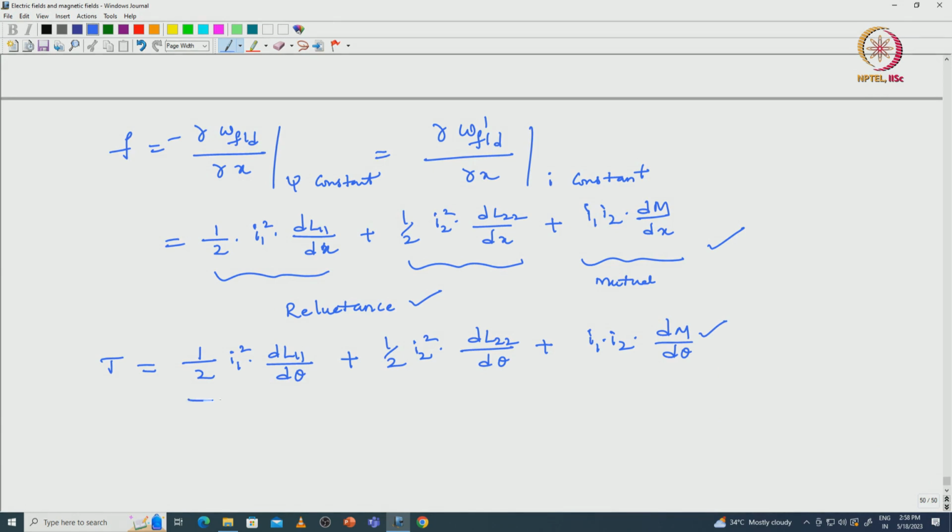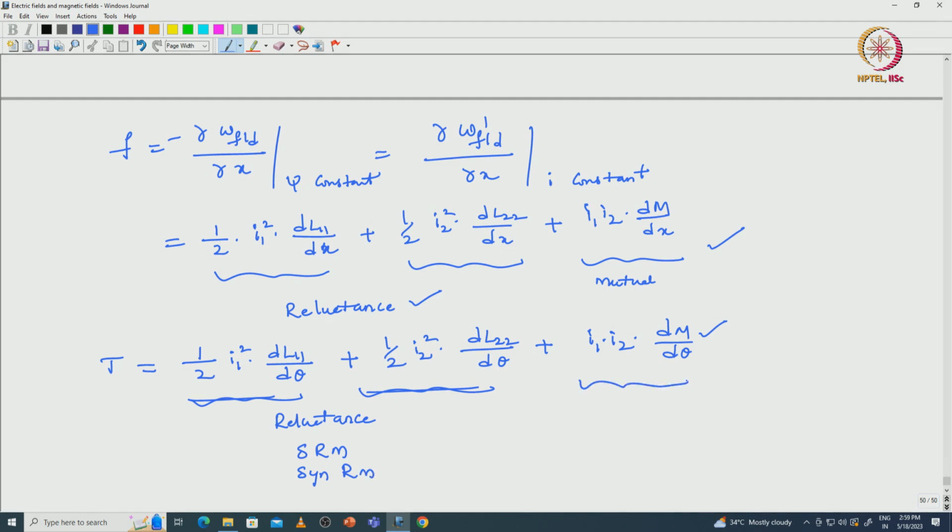Based on this torque equation, in the coming lectures we will see the different machines and what kind of torque components can be available. Reluctance torques we can observe in switched reluctance machines or synchronous reluctance machines.